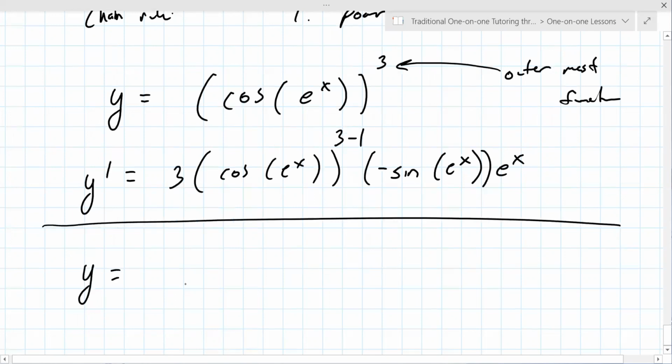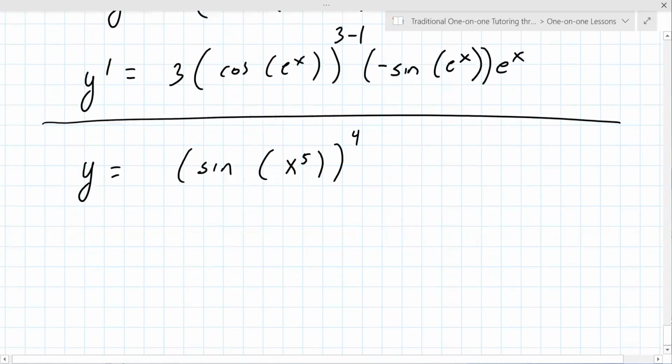Okay, if you got that down, let's try another one. Let's say y equals sine of x to the 5th, all to the power of 4. The first thing you do is the power rule, because it's the outermost function. So y prime equals 4 times the parentheses, and 4 minus 1, cubed.